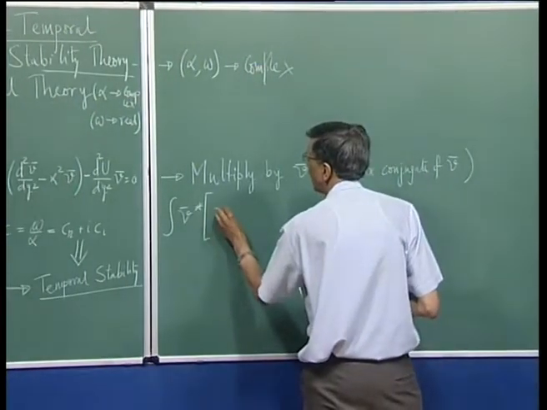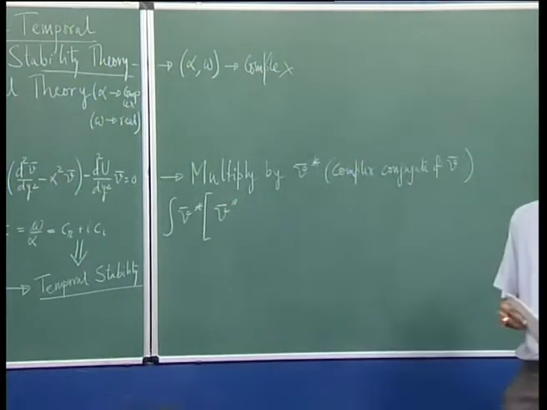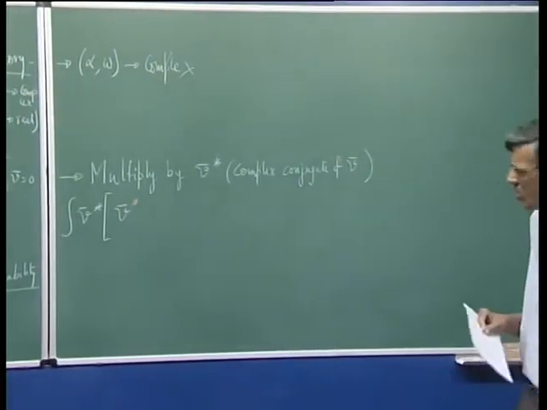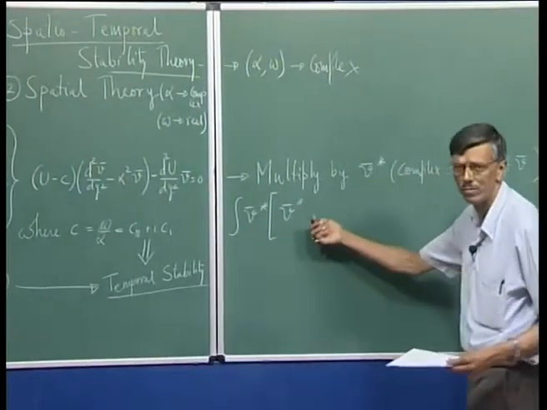From now on, just for simplicity, I will introduce prime to indicate derivative. So, instead of writing d squared V by dy squared, I will simply write V bar double prime.